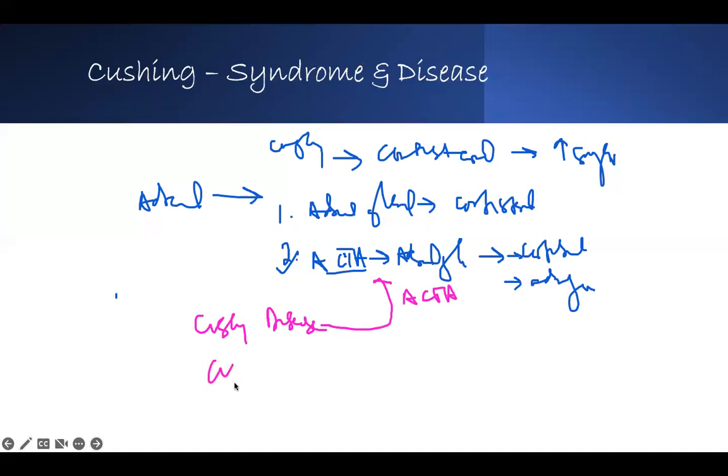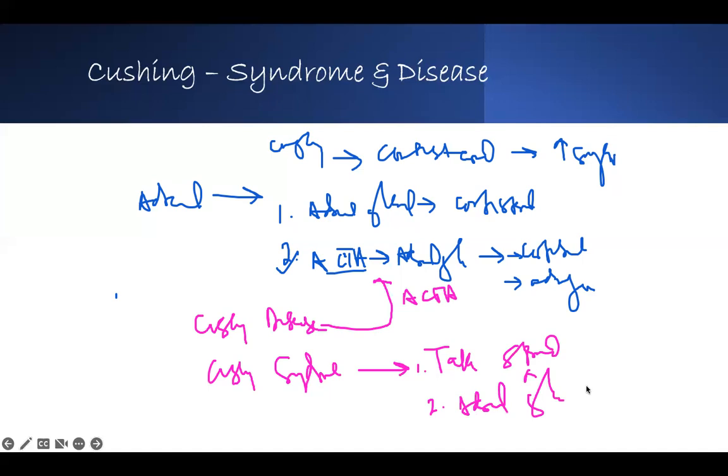If you have Cushing syndrome, that means you're taking some steroid from outside, or the adrenal gland itself is making the steroid.